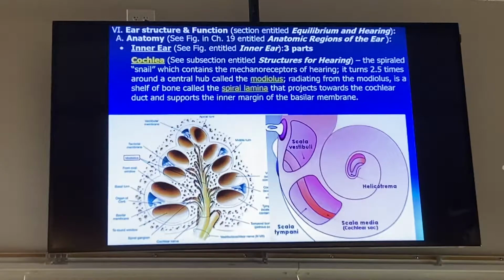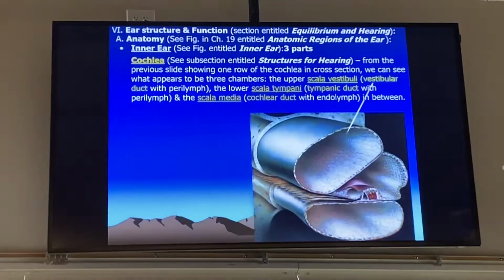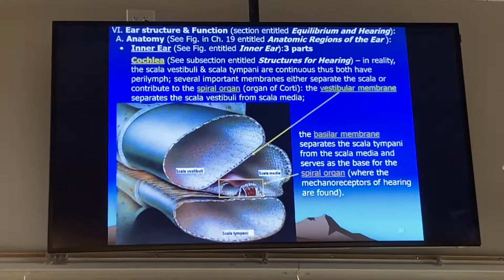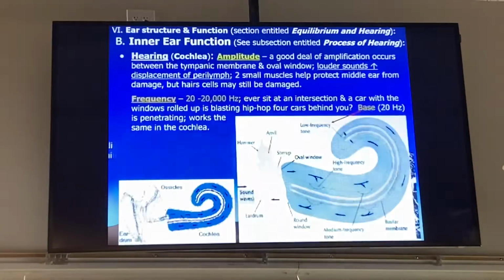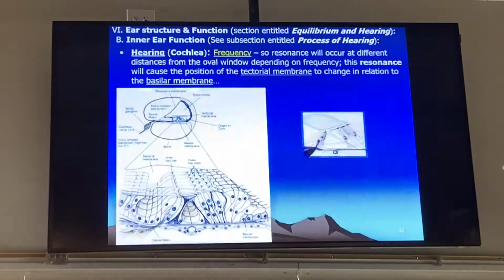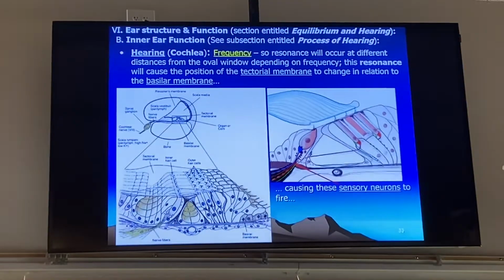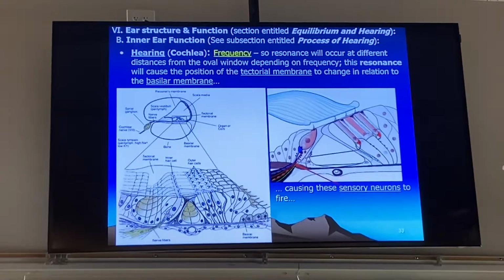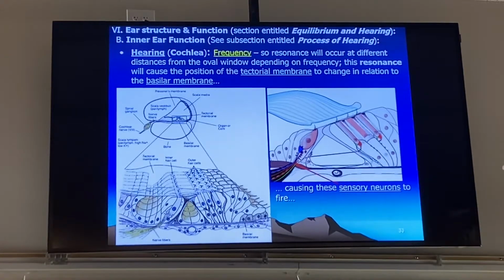Are we clear? Okay, that is how you can tell the difference between this and this. I'm going to show you how you can tell the difference. In the 2.5 times around the hub, the higher frequency sounds resonate closer to the oval window.